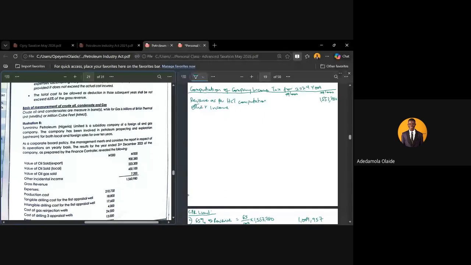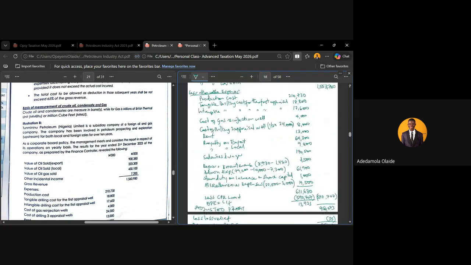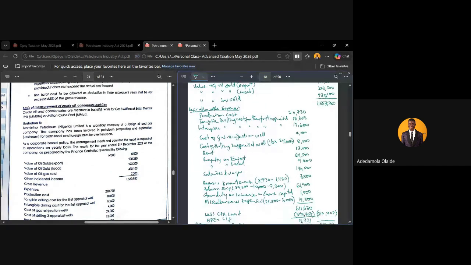Other income, how much? 7,200. Okay, we can then less allowable expenses. So we can say hydrocarbon tax OPEX. Hydrocarbon tax OPEX is calculated to be 611,630.